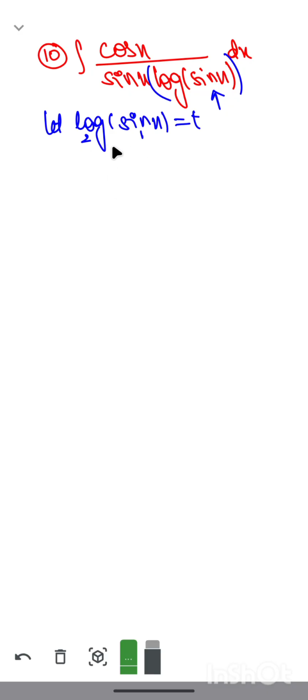No need to rearrange the terms. Differentiation of sin x is cos x, and differentiation of log x is 1 by x, in place of x we have sin x, into dx is equal to dt.